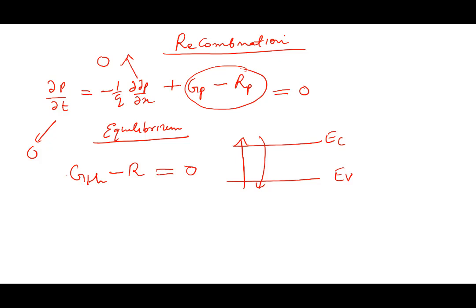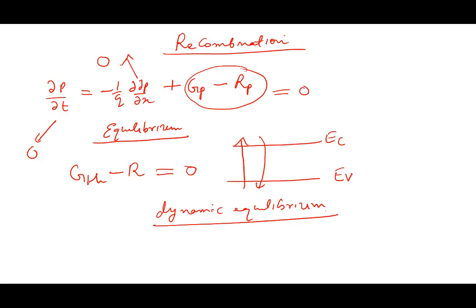So there is a thermal generation and then a recombination in this system, and we call this a dynamic equilibrium, where equilibrium is attained because the two processes exactly cancel each other.